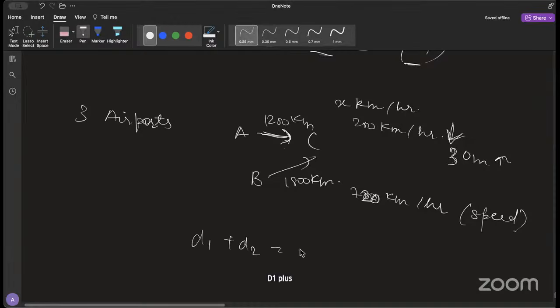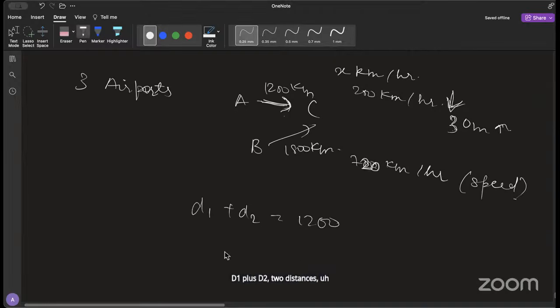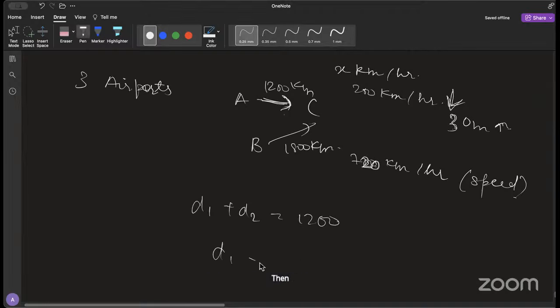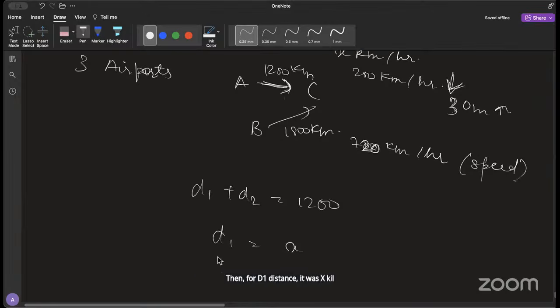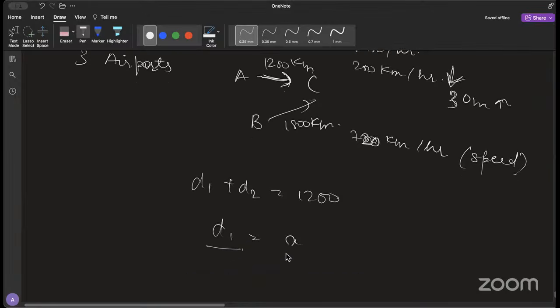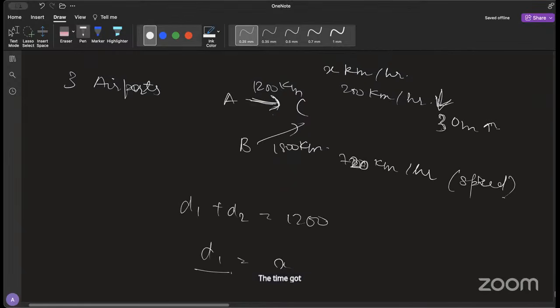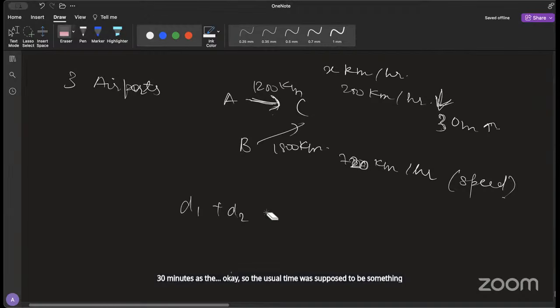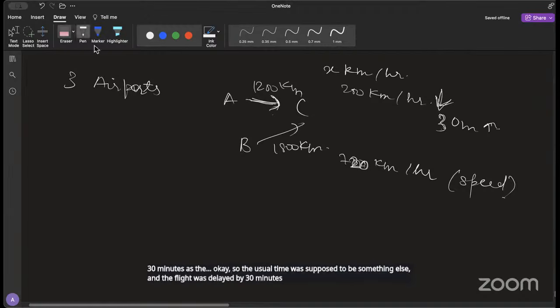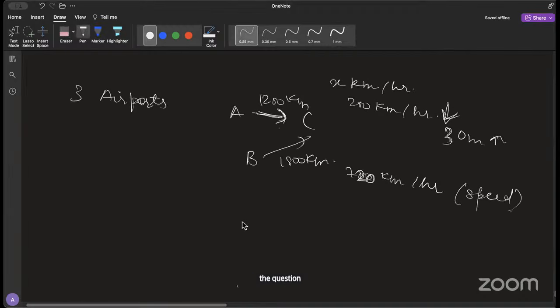D1 plus D2, the two distances, are equal to 1200. Then for D1 the distance, the speed was X kilometers per hour, D1 by time. The time increased by 30 minutes, right? Yes, ma'am. So the usual time was supposed to be something else and the flight was delayed by 30 minutes. That's the question, right? Yes, ma'am.